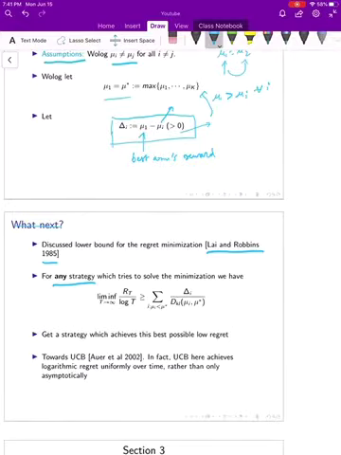They prove that asymptotically the regret term is at least a constant times log t. So we can't do better than this: R_T is at least order of log t.